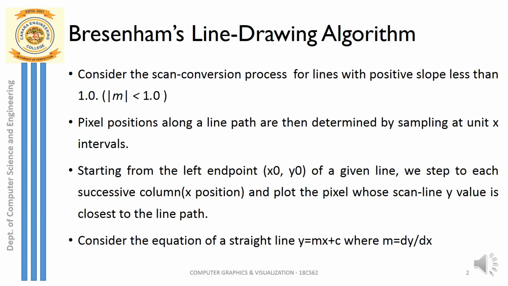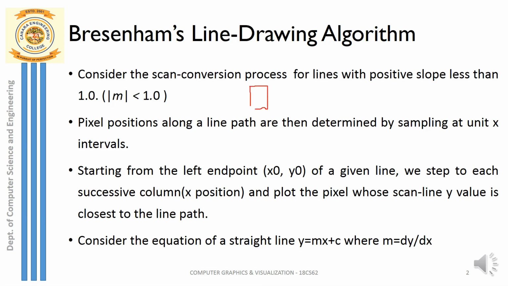When we are selecting the pixels, it is something like the screen is divided in the form of a grid, and in the grid you have several blocks where each block you consider as a pixel. So whether to choose the upper pixel or lower pixel that corresponds to the line segment, that choice is made as per Bresenham's algorithm.